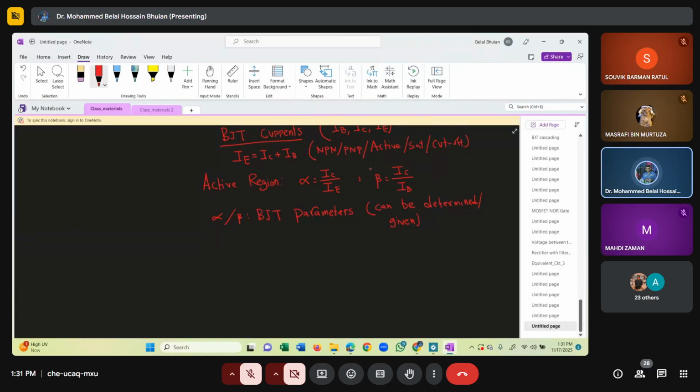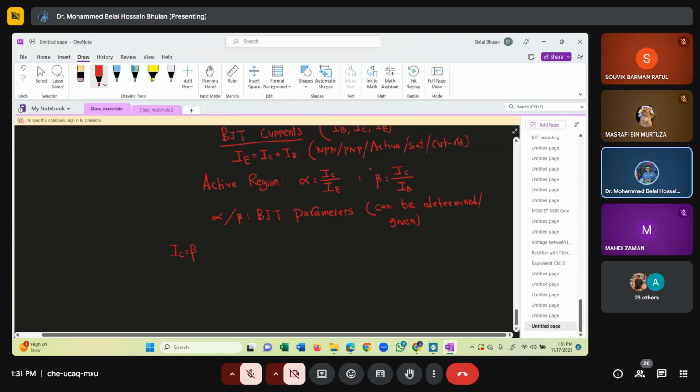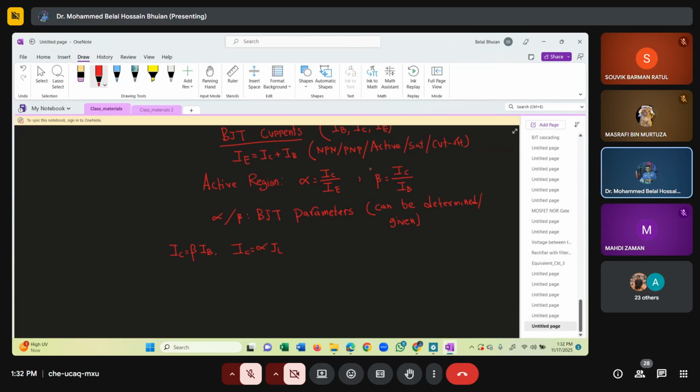So for the active region, I can write what? IC is equal to beta IB, or IC is equal to alpha IE. Now I'm going to do some school level maths. Using this relationship, you can find IE equals (1 plus beta) IB.